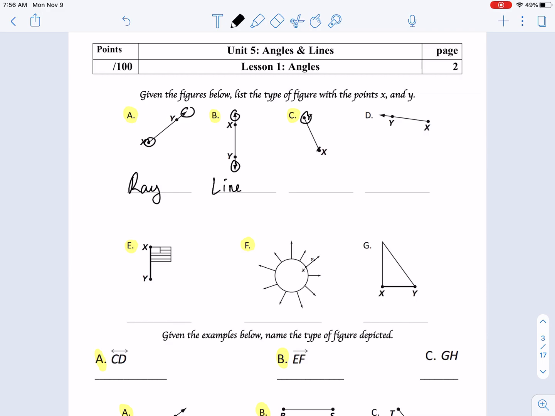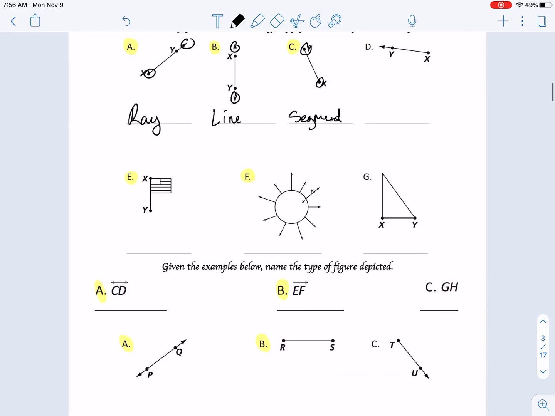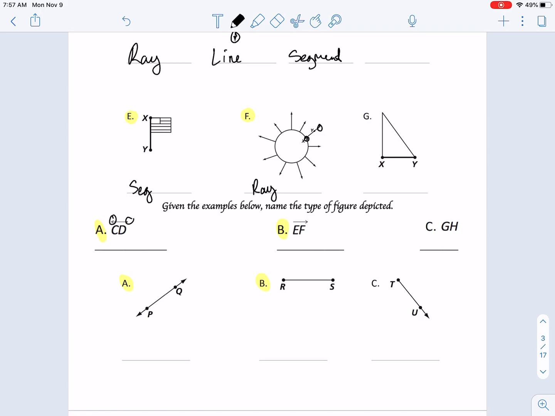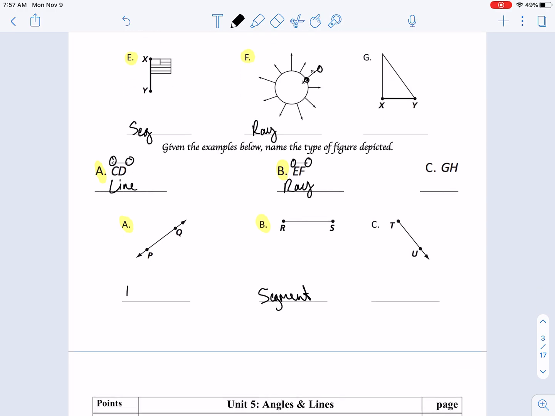Arrow, arrow, line. Dot, dot, segment. Dot, dot, segment. Dot, arrow, ray. Arrow, arrow, line. I only have one arrow, so this is a ray. Dot, dot, segment. Arrow, arrow tells me it must be a line.